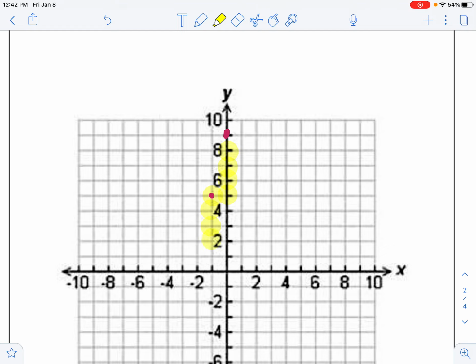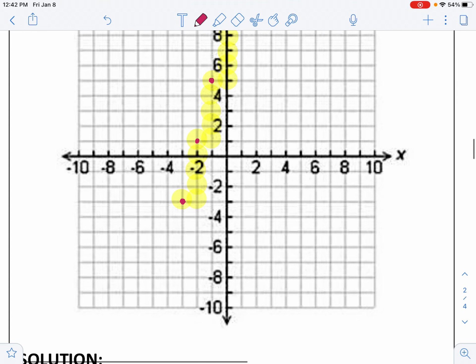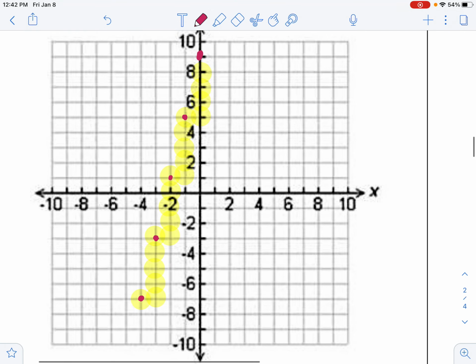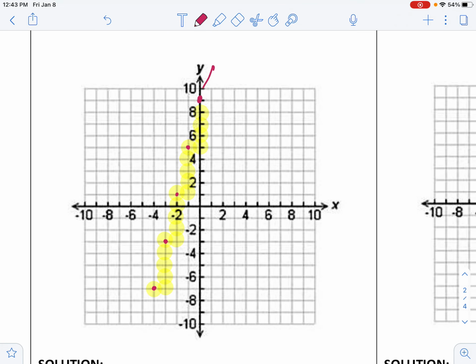Down 4, to the left 1. I'm just going to go all the way across my graph because I'm not sure where it'll intersect. That's about as far as I can go. Then I'll draw the line that goes through those points.